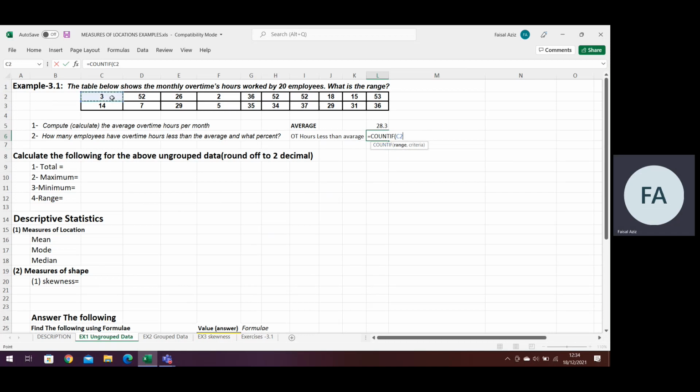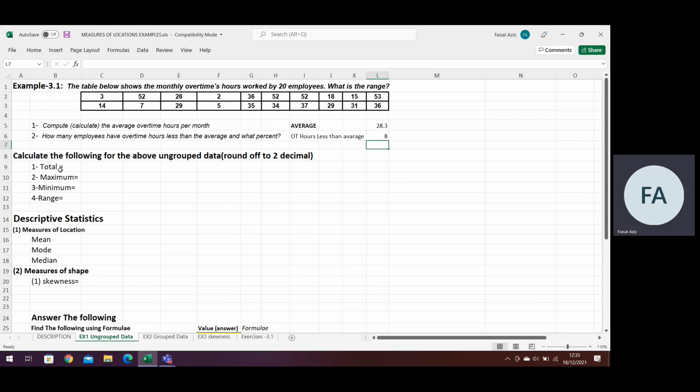Once you select it, select this data, comma, and then in inverted commas write your condition: less than sign and the average, 28.3. Close the inverted commas and click enter. So we have 8 observations which are less than the average.